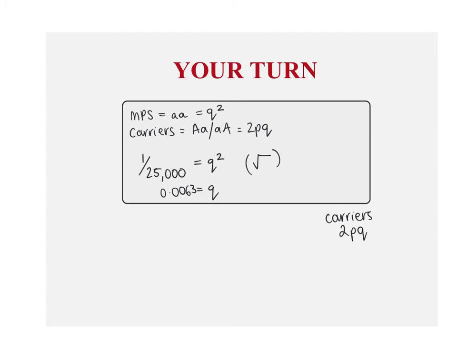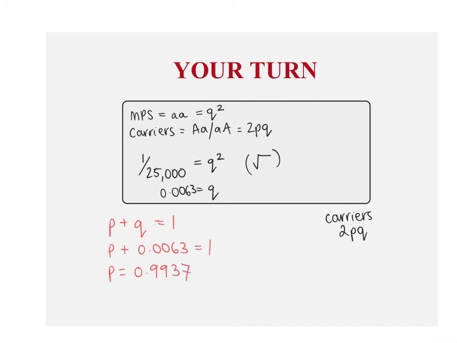So what I can do now is use my q value and put it in the p plus q equals 1 equation. So p plus 0.0063 equals 1, and therefore p is equal to 0.9937.